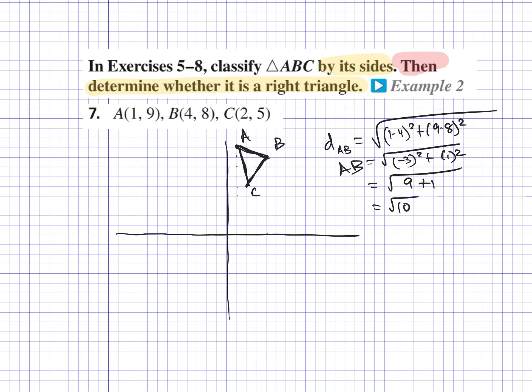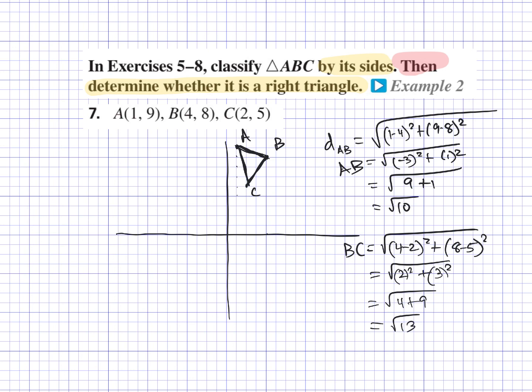That's the square root of 10. Now you don't need to simplify it, because if it matches something else, then you're good to go. I think it might match B to C, so let's do B to C. So that's x minus x and y minus y. And we get 2 squared plus 3 squared. So that's 4 plus 9. That's the square root of 13.